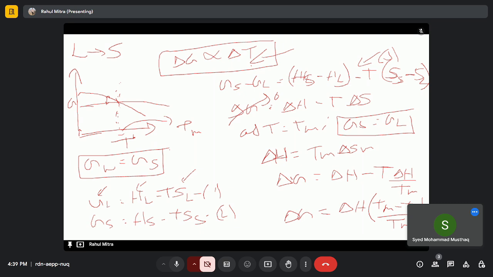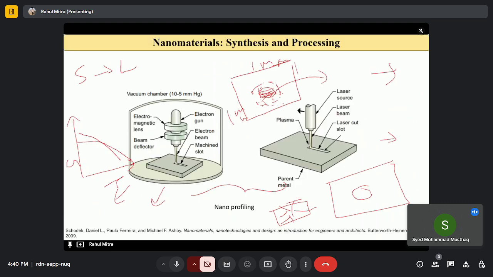So the more the undercooling, the more the driving force for the formation, and this in turn will increase the nucleation rate. So the lower the temperature, the higher the nucleation rate, and there is not much chance for the growth process.